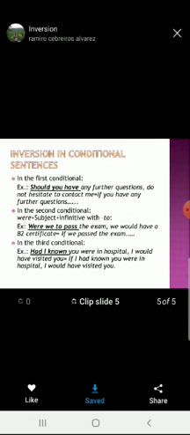Nah, ini diganti jadi had I known. Jadi kalau yang tipe ketiga pakainya had I known you were in hospital, I would have visited you. Okay, so please pay attention to the words with underline ya. Jadi perhatikan kata-kata yang digaris bawahi. Ini struktur-strukturnya ya. Alright.